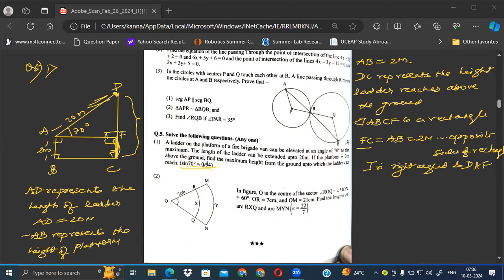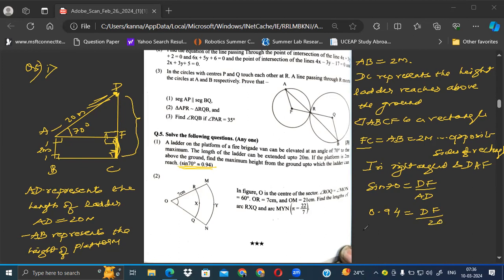Now, naturally, since the value of sin 70 is given, there's a hint, children. You will have to use sin 70. Sin 70 equals what? DF, the opposite side, upon hypotenuse AD. Sin 70 value is 0.94, equal to DF, which I don't know, and AD I know, 20.